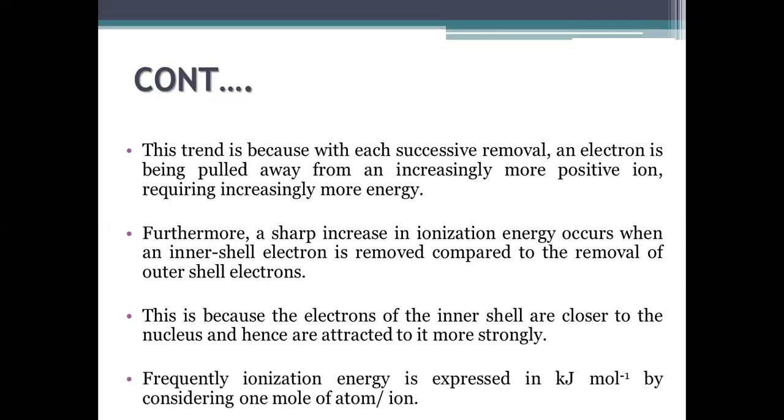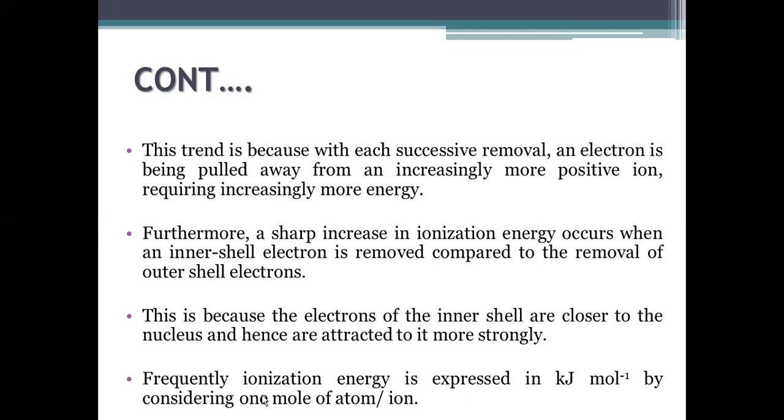Frequently the ionization energy is expressed in kilojoules per mole, that means by considering 1 mole of atoms or ions. If the attraction between the nucleus and the electron is high, you have to provide more energy. It is attracted more strongly. That's why you can see the sharp increase when you remove an electron from the inner shell compared to the outermost shell.